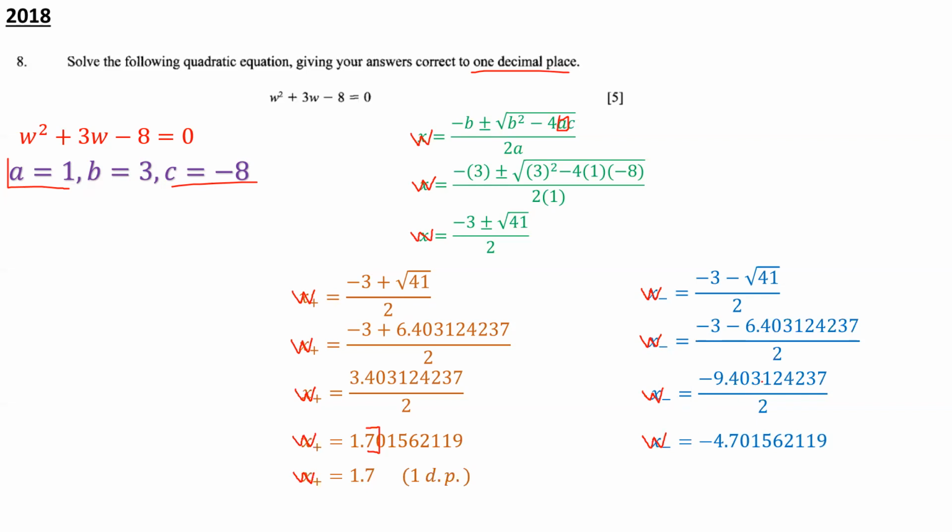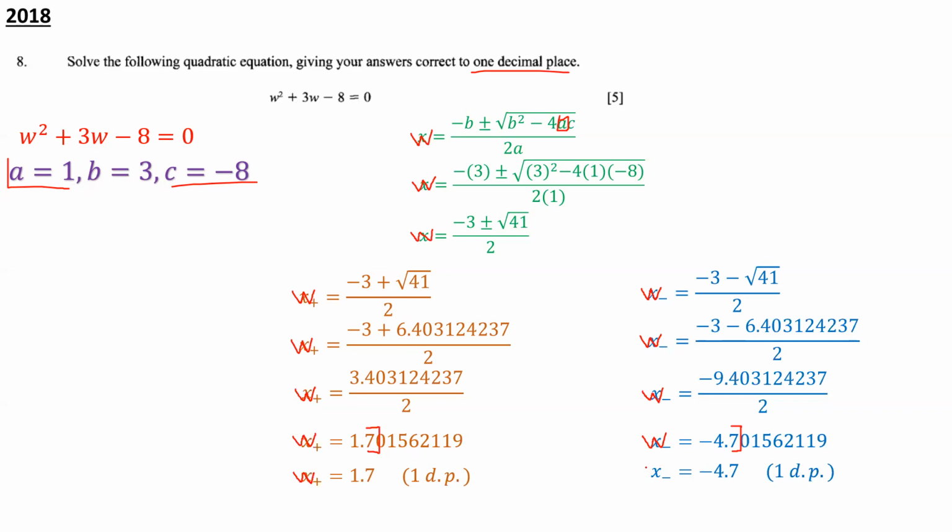So this entity all over 2 is going to be -4.701562119. And if we express this number correct to 1 decimal place, it is still going to be -4.7, just like this one, because 0 is less than 5.